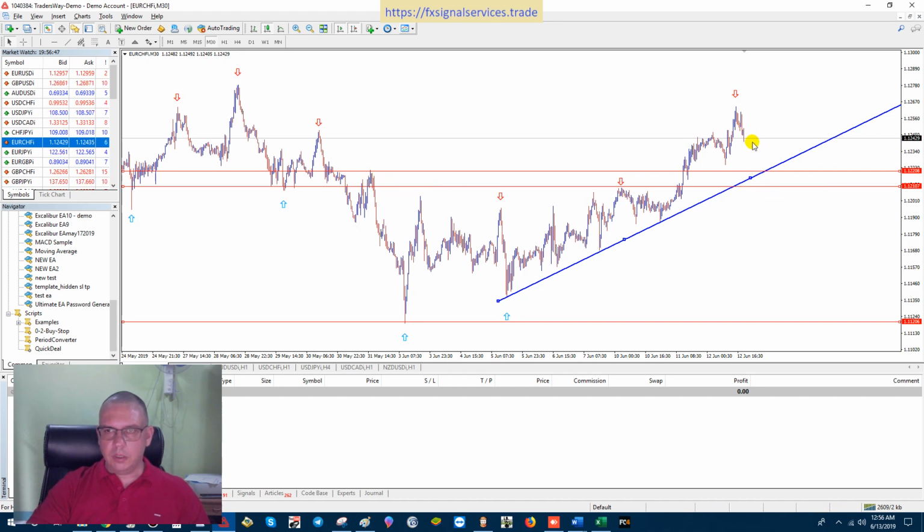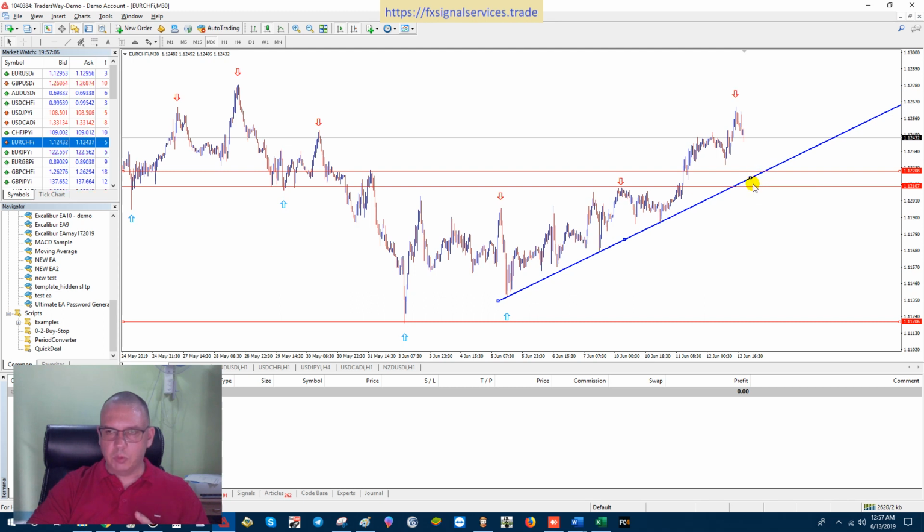So it probably will come down and touch this support line here. It could break and touch this support line. I don't know. But what I want to do is place a buy limit pennant order somewhere in here.